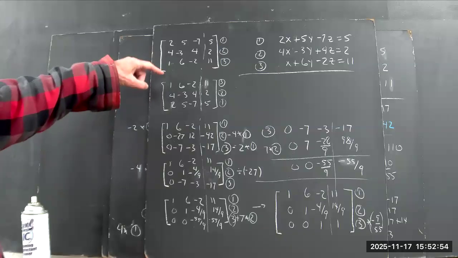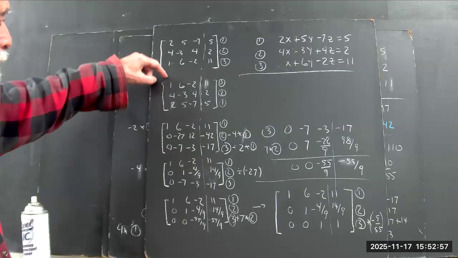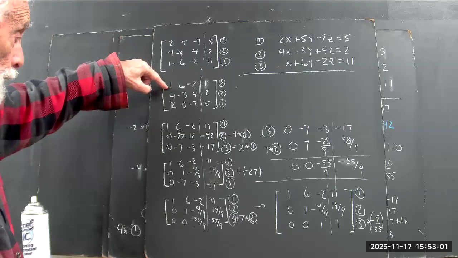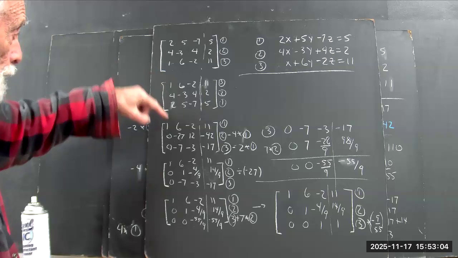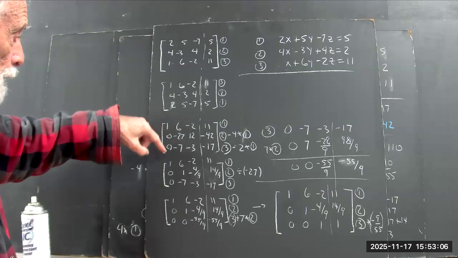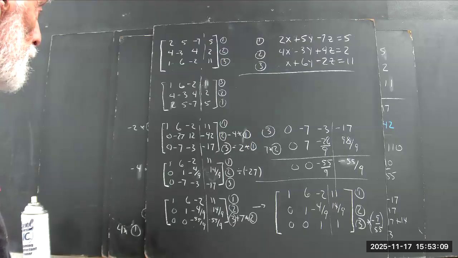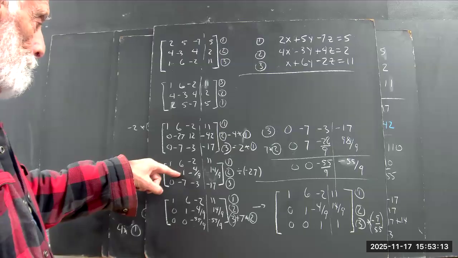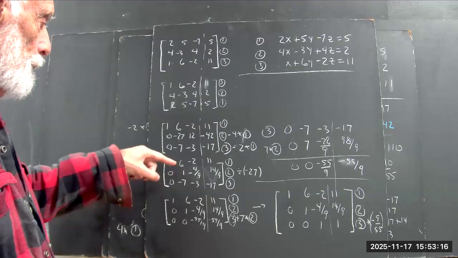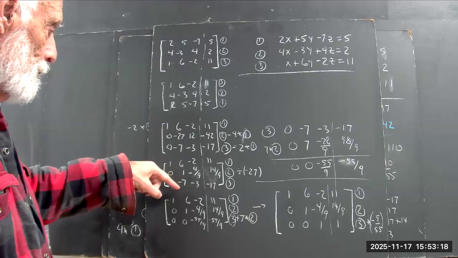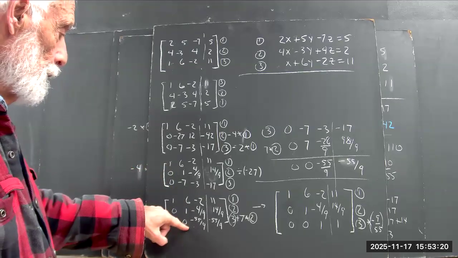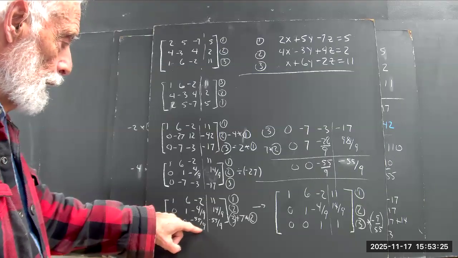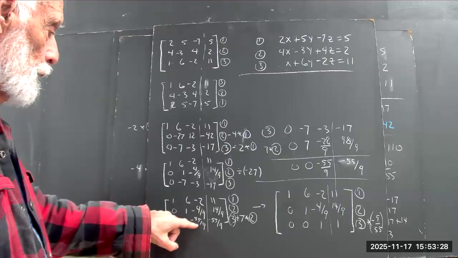Process is get zeros down below the number in your first row, first column. So you want to change this column to a 1 followed by zeros. Then we want a 1 here. And we're going to use that 1 in the next step to get a 0 here. At that point, we just have a number here and a number here. We want to get a 1 here.